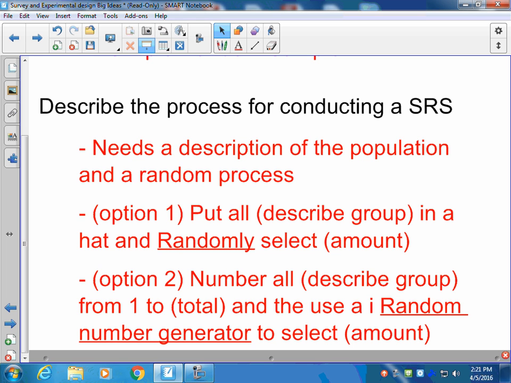But remember, you want to talk about the population, and either you're numbering them or you're putting all of their names in a hat, and then your random process: randomly selecting from the hat, or using a random number generator to select the values.